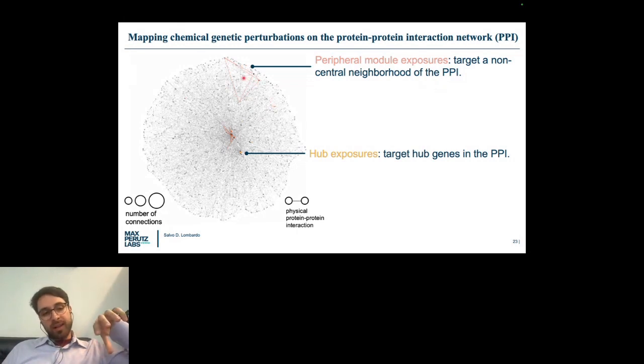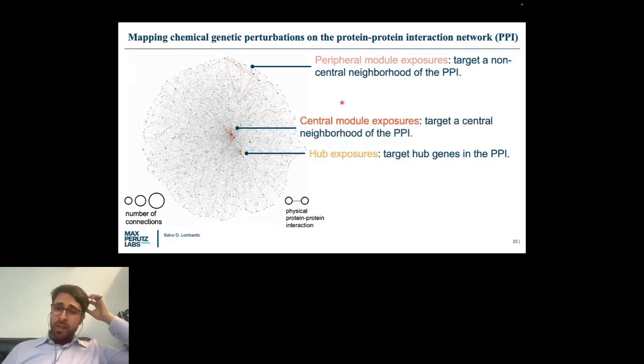So they are well connected among themselves, but not so central, so not so connected to the other proteins in the network. And finally, we have central module exposures, which target central modules, which means proteins that are well connected and are also central in this protein-protein interaction network.